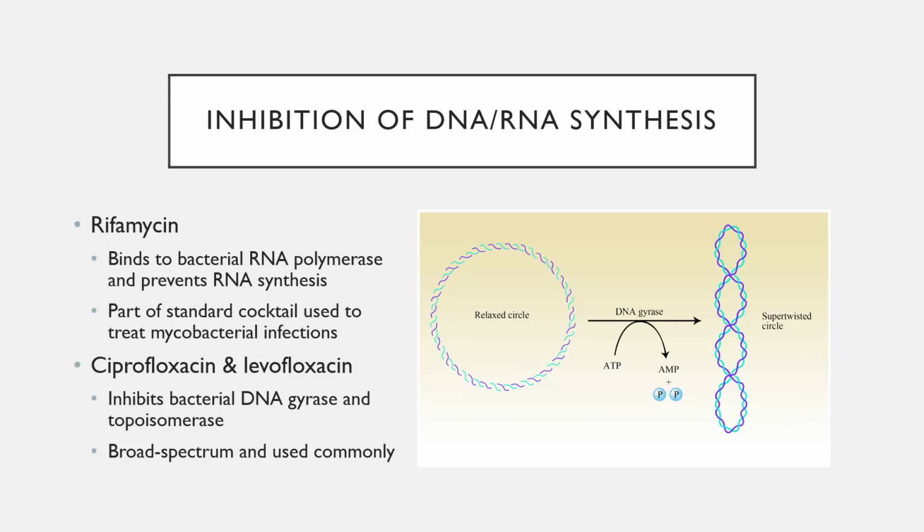They inhibit these bacterial enzymes called DNA gyrase and topoisomerase, which are two enzymes that play a role in transitioning DNA between its relaxed stage, when it undergoes replication, and its supercoiled stage, when it is stored in the nucleus. So in order for DNA to be replicated, it needs to be relaxed, and the enzymes DNA gyrase and topoisomerase alternate between these two stages.